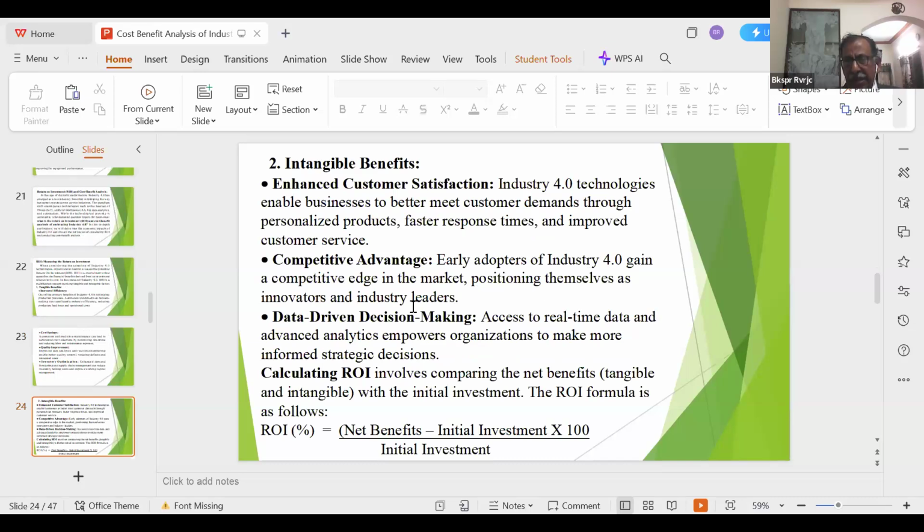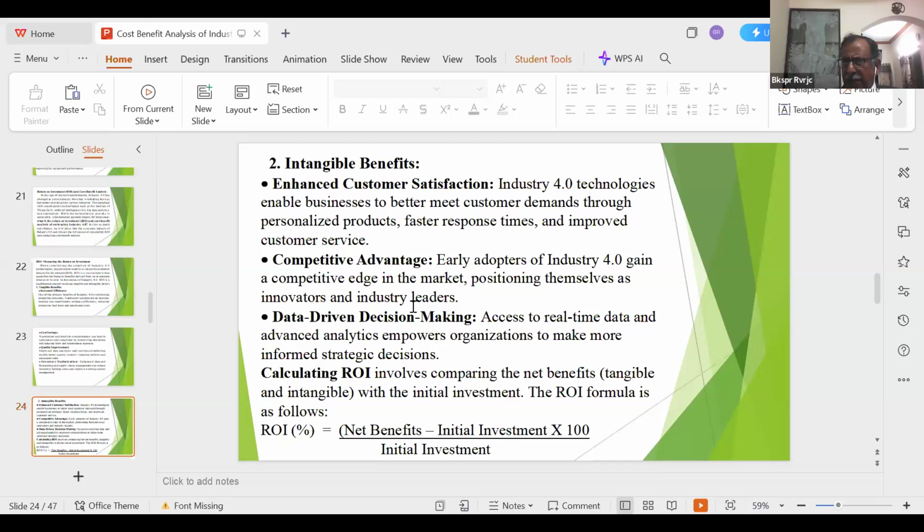Intangible benefits. The first one is enhanced customer satisfaction. Industry 4.0 technologies enable the business to better meet customer demands through personalized products, faster response times, and improved customer service. The second one is competitive advantage.